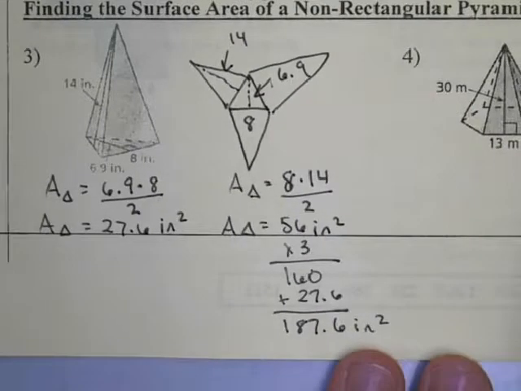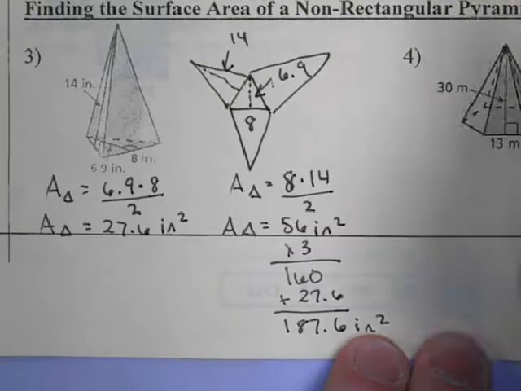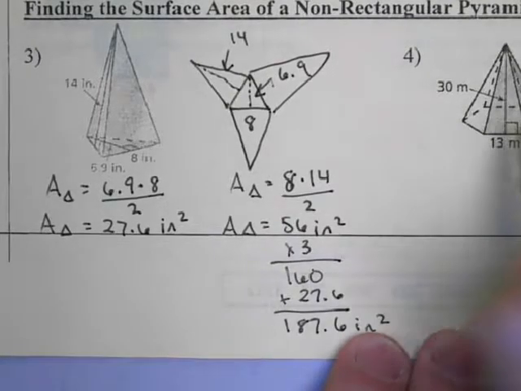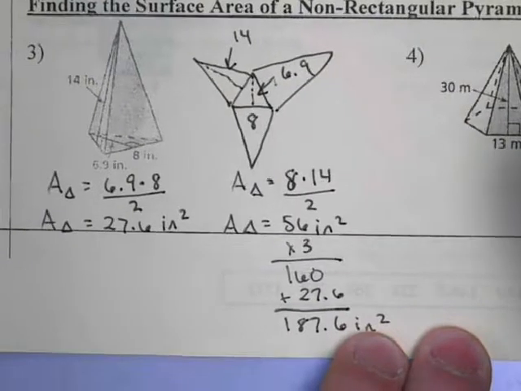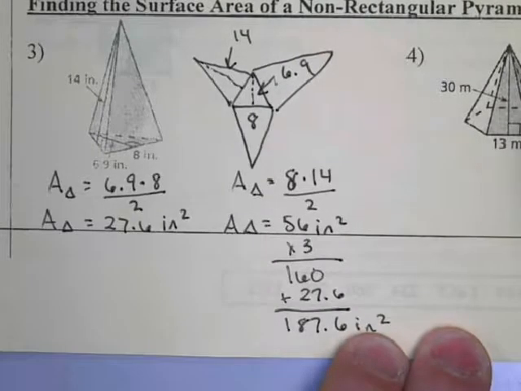Now when we're looking at a hexagonal base pyramid, if we look at its net by opening it up, I have a hexagon, and then I have a triangle coming off of each side.